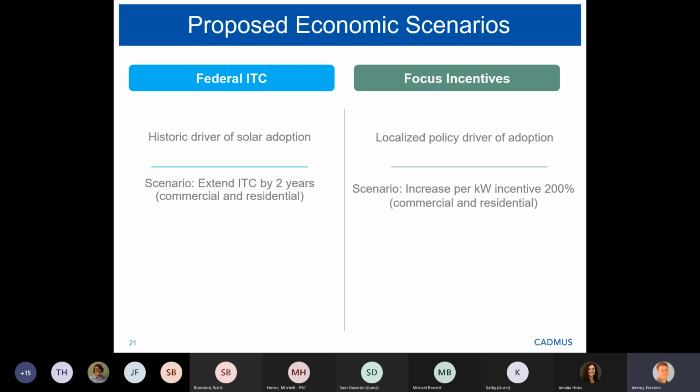So one proposed scenario includes an extension of 2 years for commercial and residential customers. Another one would be to increase focus incentives significantly, so by 200%, or I think it was talked about circling back on what that might be, but essentially increasing the focus incentive significantly.